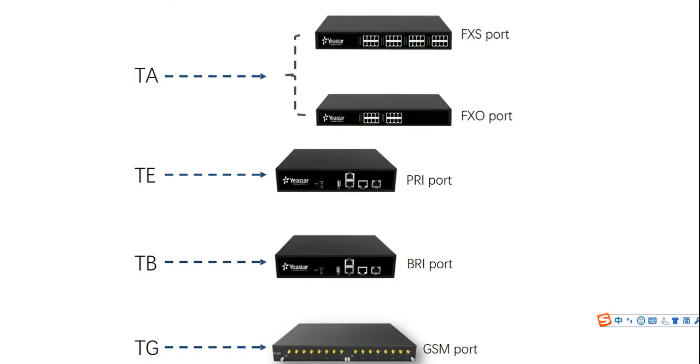You will get an E1 line connected to this gateway and have that integrated to your PBX. And of course we have TB gateways, that is for BRI lines, and we have our TG gateways, that's for SIM cards actually. So you can actually integrate mobile trunks to your PBXs.